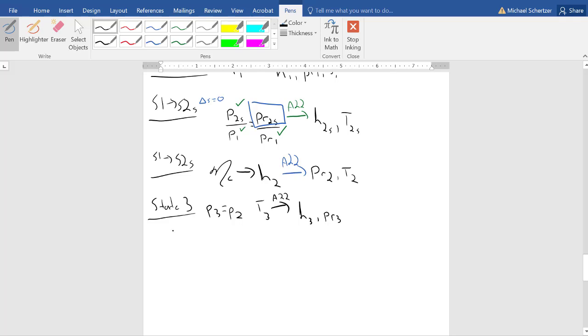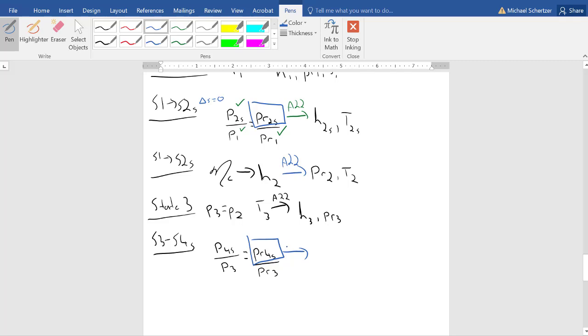Now, this is going to be like going through the turbine. We're going to go from state 3 to state 4s. This is isentropic. So now P4s over P3 is going to be equal to Pr4s over Pr3. We're going to use this to find Pr4s.